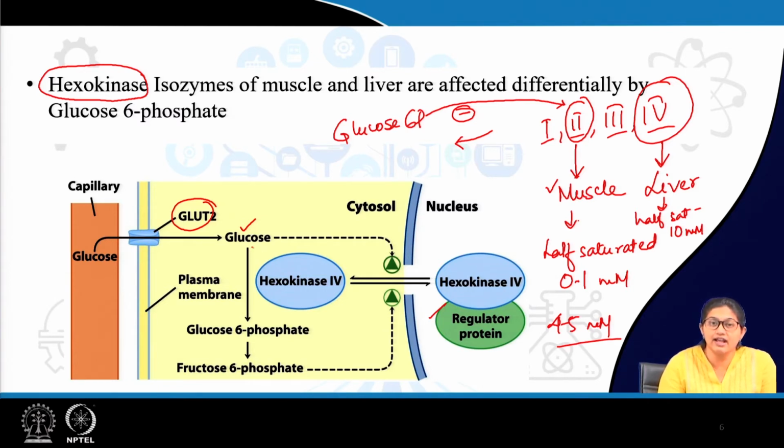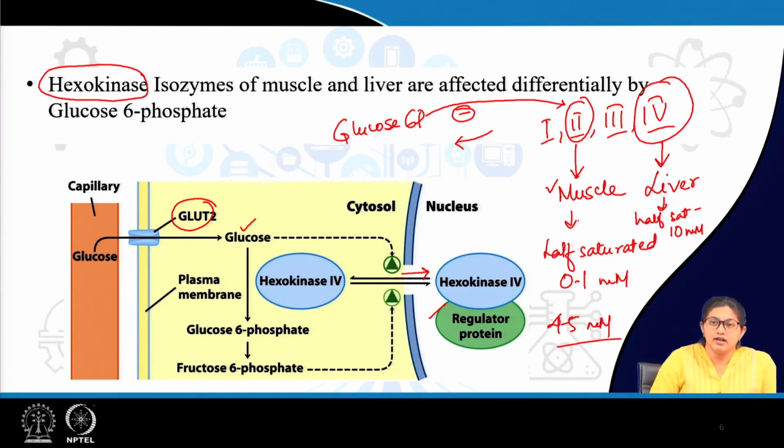Glucose, after entering the cell, enters the nucleus. Here it dissociates hexokinase 4 and the regulatory protein. So, hexokinase 4 can easily come out into the cytosol. Here inside the cytosol, it converts glucose to glucose 6-phosphate for further pathways.